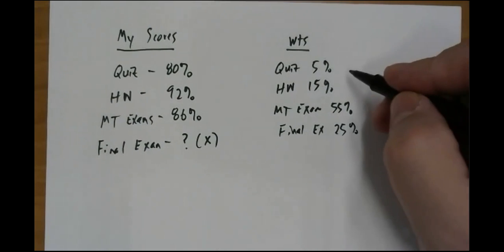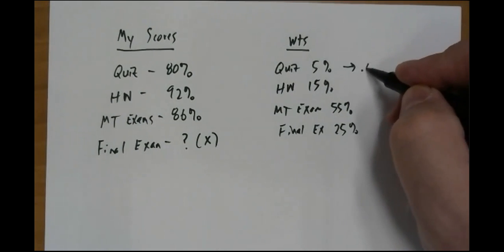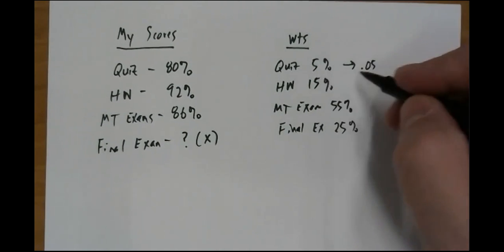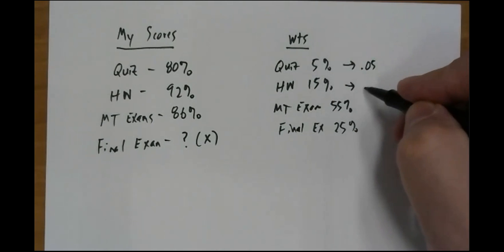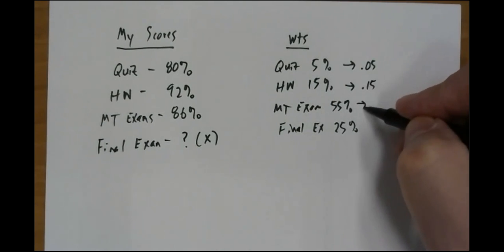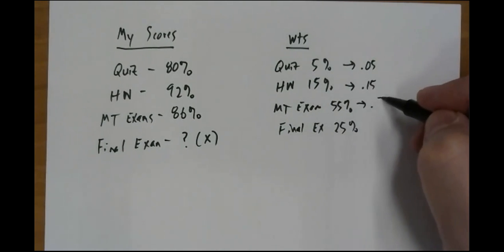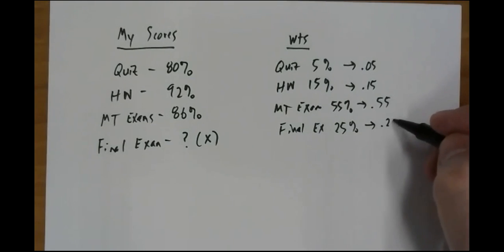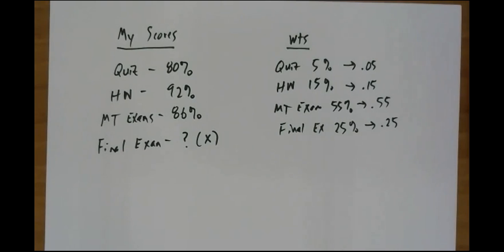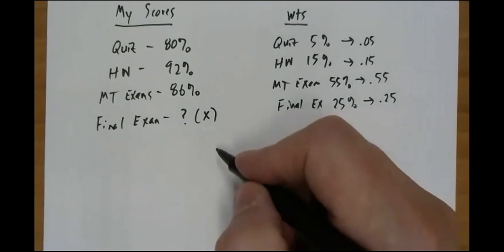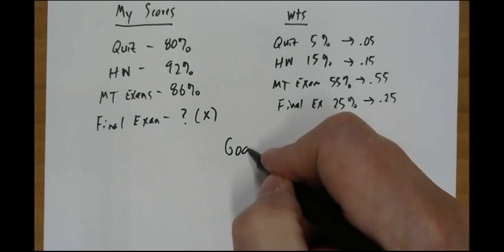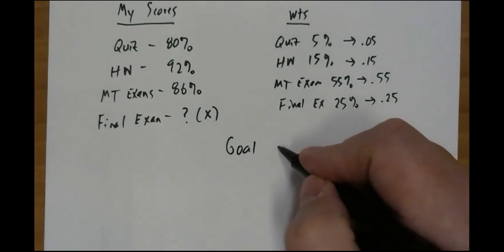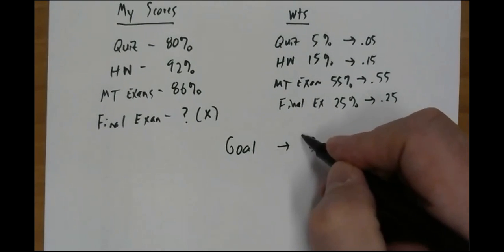And just to remind you, when I do the calculation, I'm not going to plug in 5, I'm going to plug in 0.05. For the homework, 0.15. For the midterm exam, 0.55. And for the final exam, 0.25. So here's the goal. Say the goal for this student is to get a B.